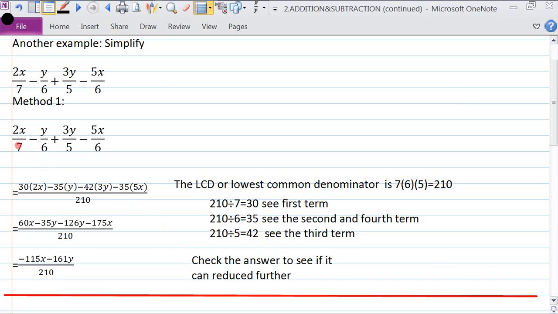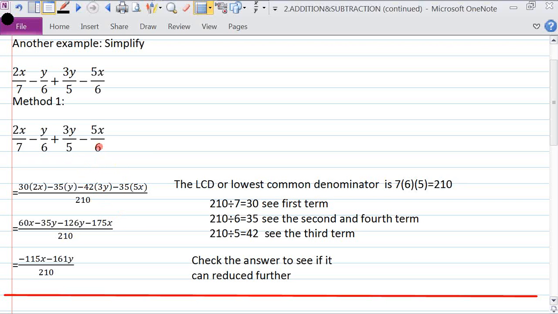Why do I need this? 7 into 210 gives me 30, so I'm going to multiply this term by 30. 6 goes into 210 35 times, so I'm going to multiply the numerator of this by 35. 5 goes into 210 42 times, so I'm going to multiply 42 times 3y.